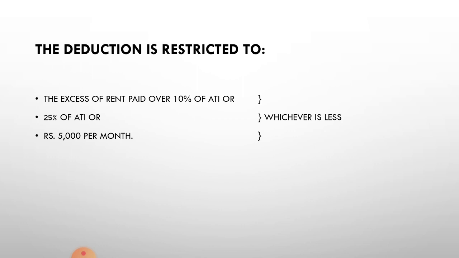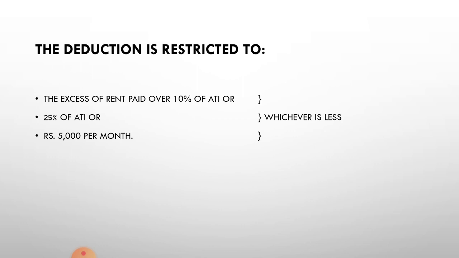The restriction is as follows. The amount should be one of the following. First, the excess of rent paid over 10% of adjusted total income. That means the actual rent paid should be in excess of 10% of ATI. Between the actual rent paid and 10% of adjusted total income, the actual rent paid must be higher.